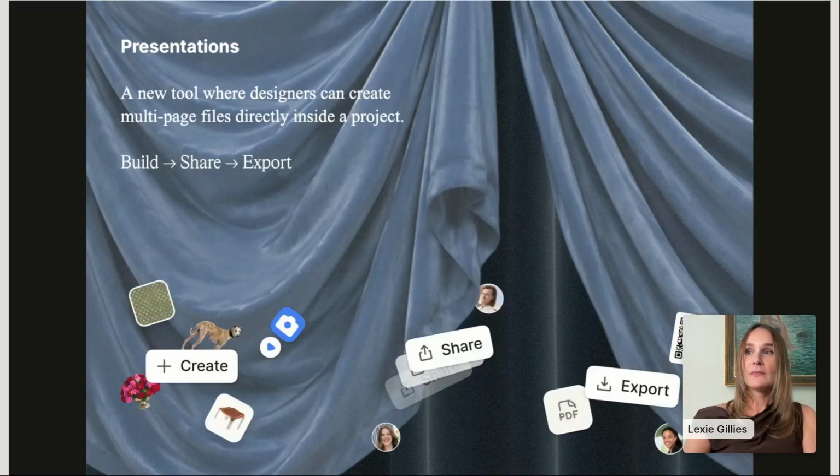Now, what exactly is presentations? It is our new tool where designers can create multi-page files right inside a project. It brings live product select specifications, floor plans, renders, elevations, and all of your reference imagery to life in one connected file.